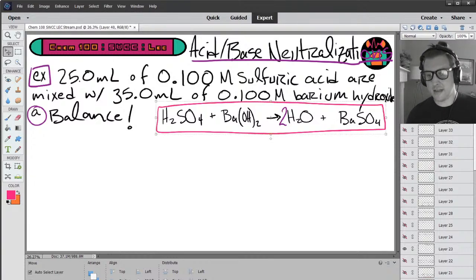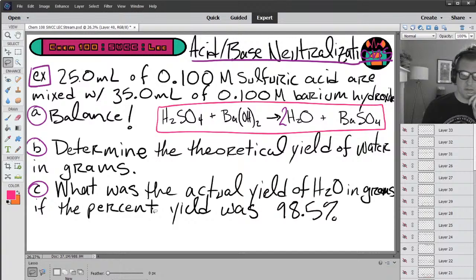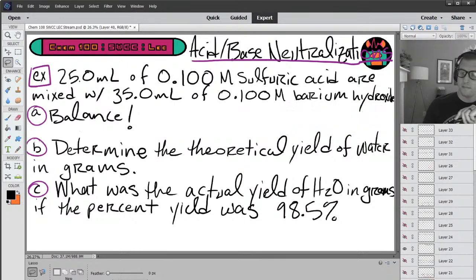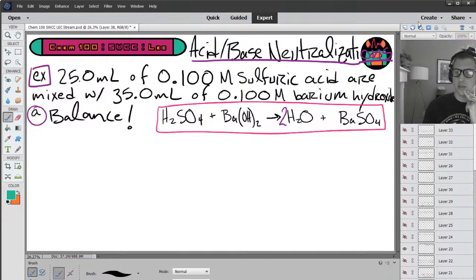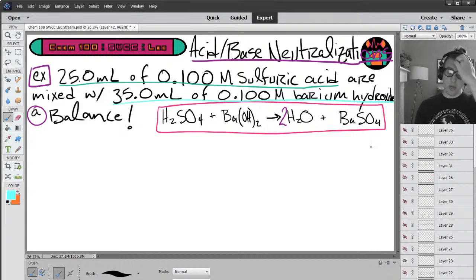All right, now let's look at the other parts to this problem. Okay, we need to determine the theoretical yield of water. That's part B. And you'll notice that we're given initial quantities of sulfuric acid and we're given initial quantities of barium hydroxide.